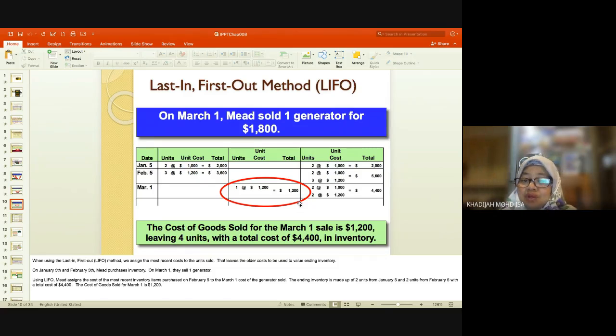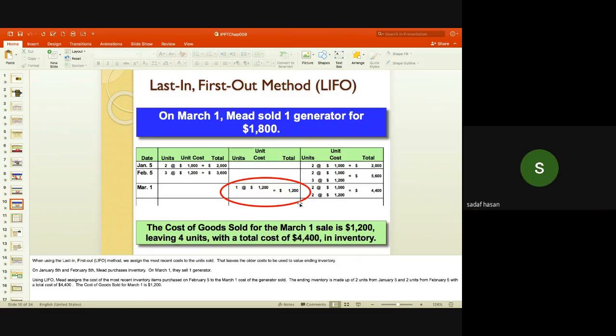But under periodic, how you decide on the COGS? Periodic. Do you use this table for periodic? Sorry, what's the question again?